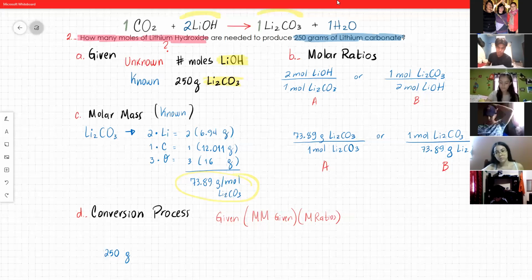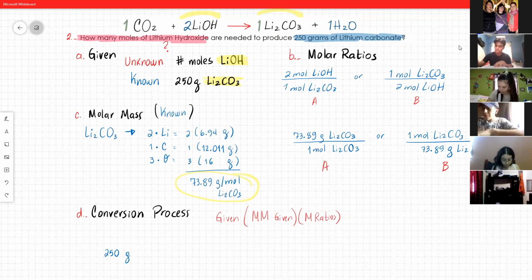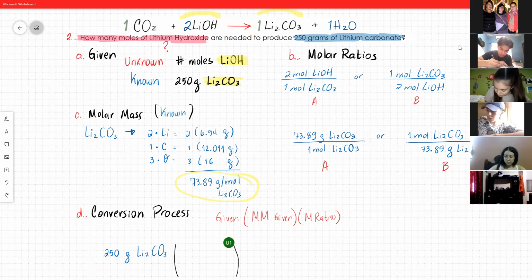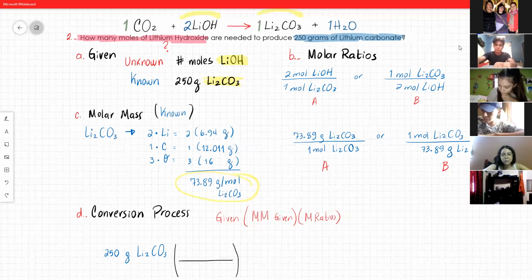So again, we start with the given. The given is 250 grams of liquid. And I will multiply times the molar mass. What molar mass am I going to use, A or B?